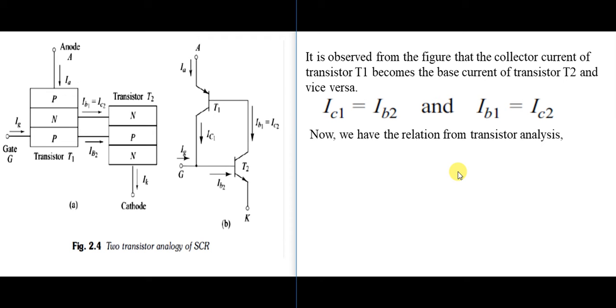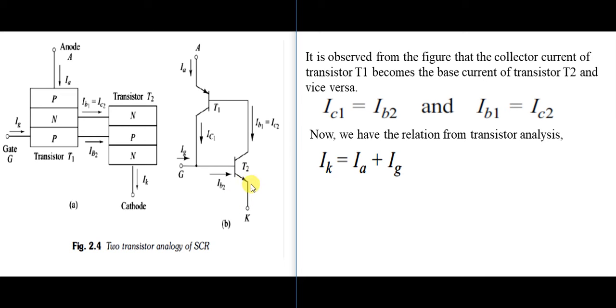Now we have the relationship from the transistor analysis that the cathode current, meaning the emitter current, equals the anode current plus the gate current.